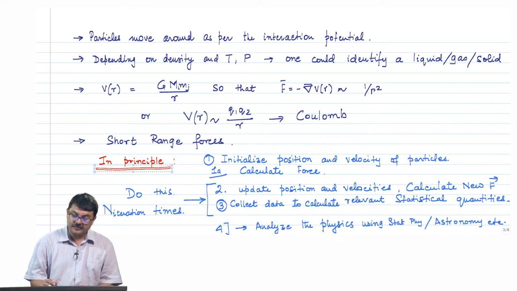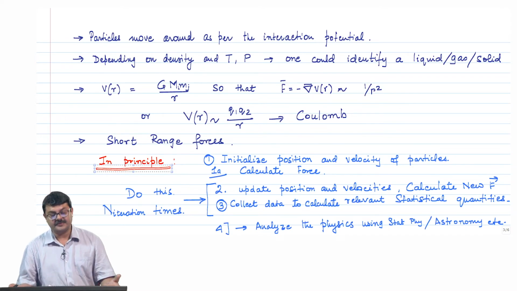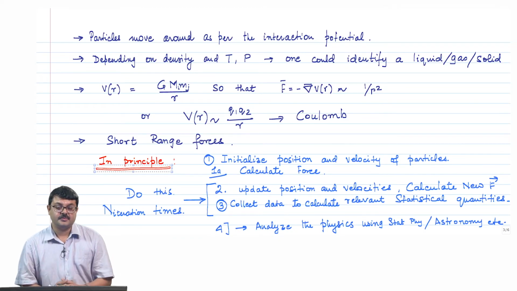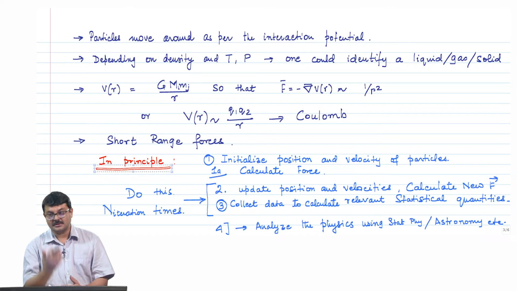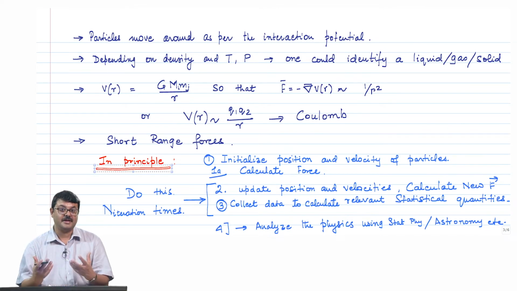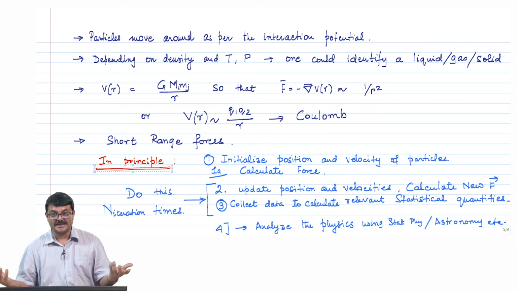So, at the end of the simulation, you analyze the physics using statistical physics, or suppose you are solving Newton's equation for the planets in the solar system. You want the trajectory, you could use it in astronomy, you can look at interaction between galaxies.